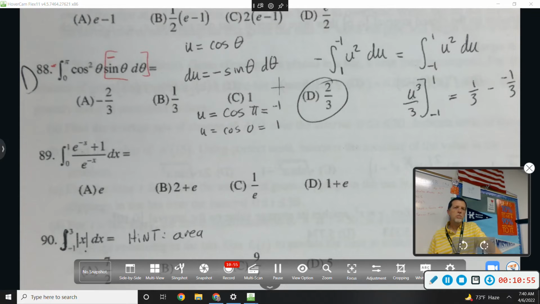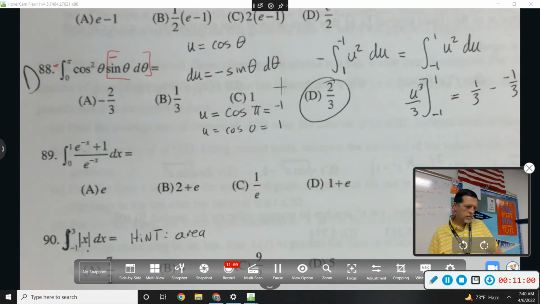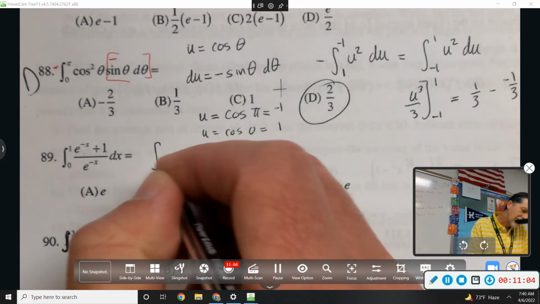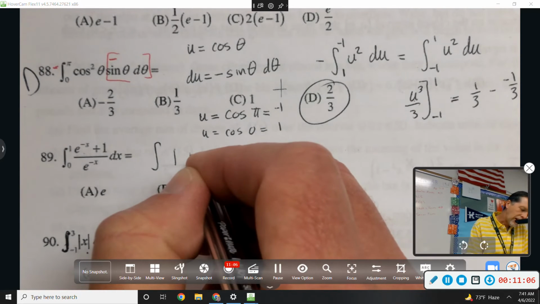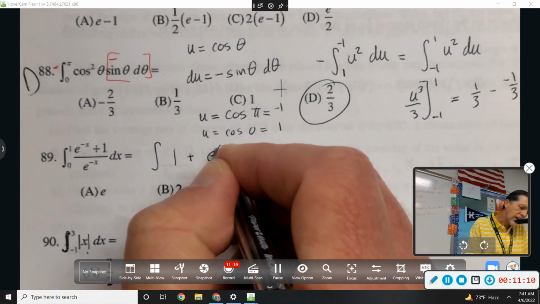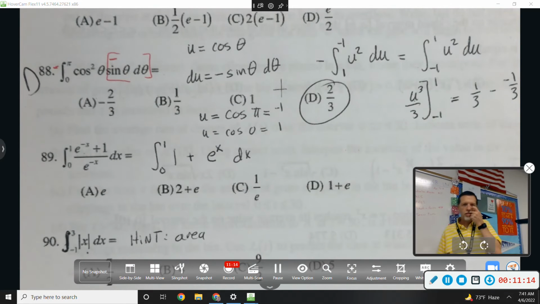And 89 is the same setup as 84. Right? Yes, good. I was hoping you were going to say that. In fact, I would say it's even easier because that e to the negative x can flip to the top. And you've got a pretty simple integration after you do your algebra.